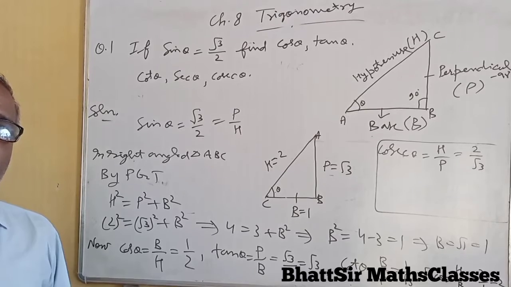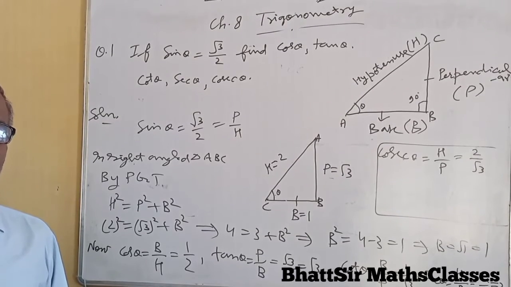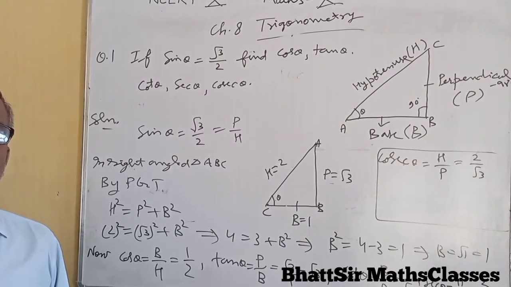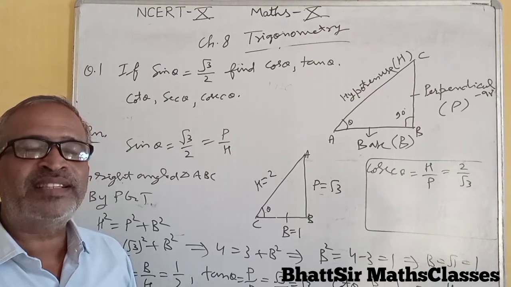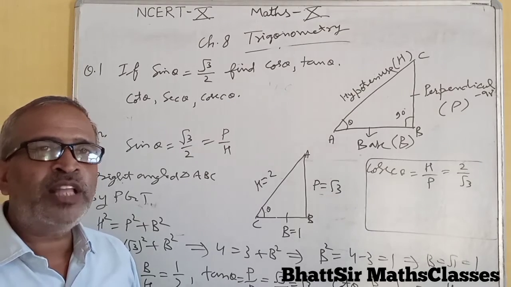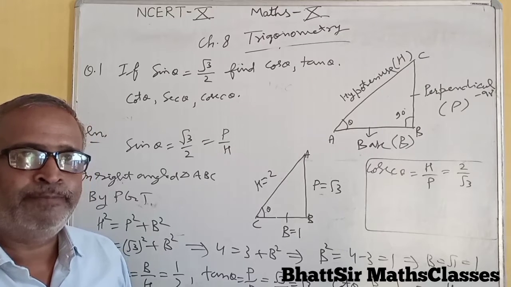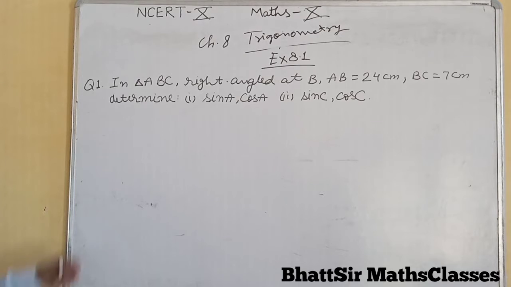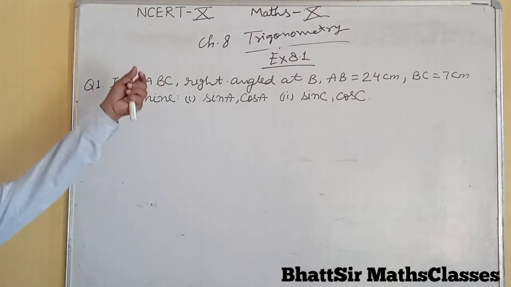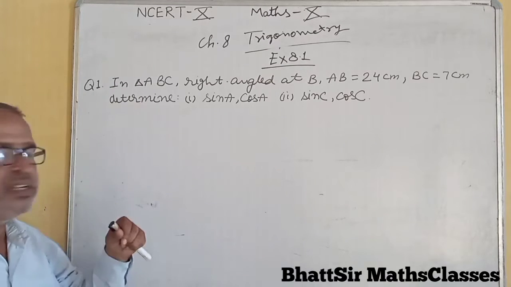You can solve exercise 8.1 of NCERT 10th standard on your own. Now I am solving exercise 8.1 on the basis of trigonometry. I am giving a solution of question number 1 of exercise 8.1 NCERT 10th standard.